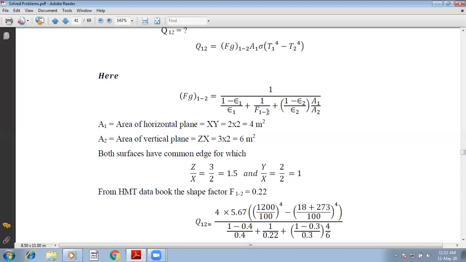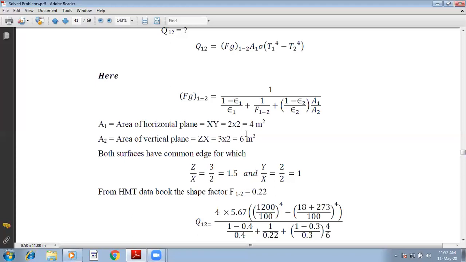And once you know this value, you can substitute in the equation of Q12. Here A1 has to be considered.